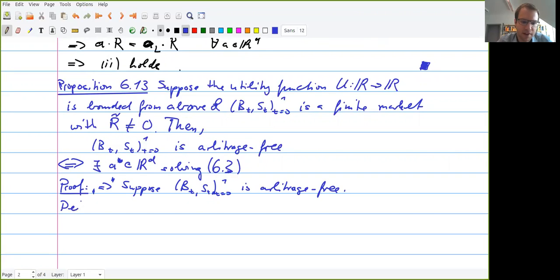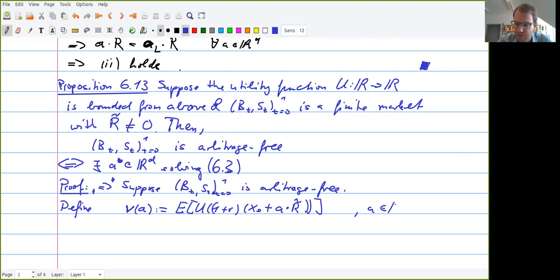So let me define the function we want to maximize. Let's call it V, the value function, A, which is nothing else than the expected value of U applied to (1 plus r) times our initial capital, plus a scalar product of a with the discounted returns.